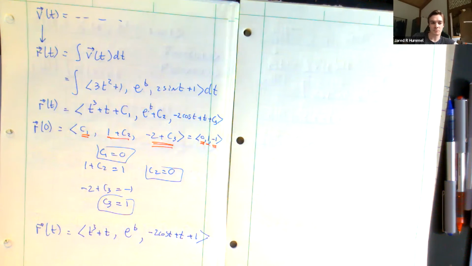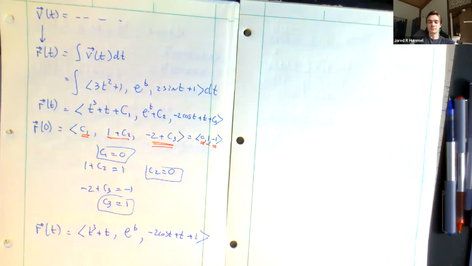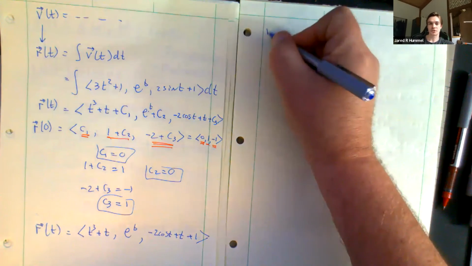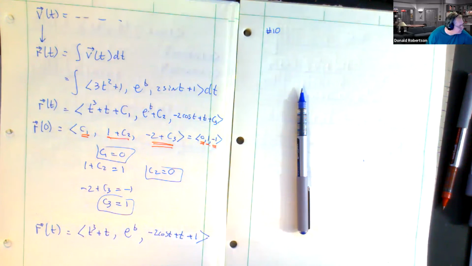I see one on the practice final. Oh, perfect. What number does it look like? Number 10. That's the easiest way for me to do that. And it's a multiple choice. Okay, thank you. That helps.